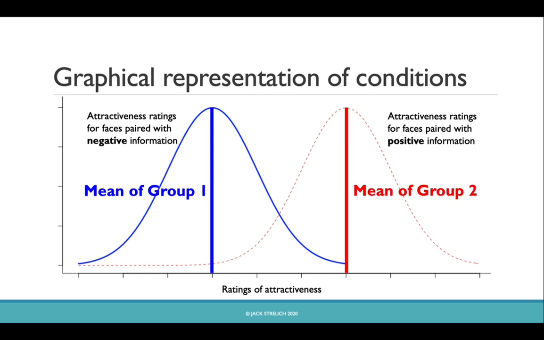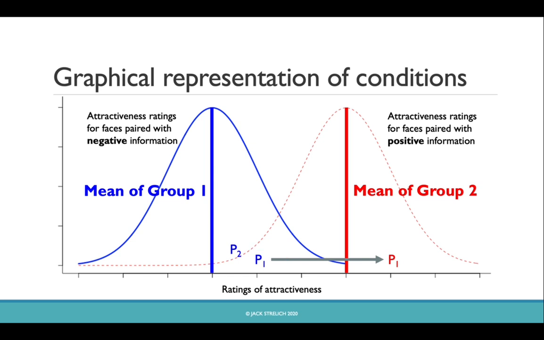But crucially, unlike an independent samples t-test, here we want to keep track of each individual's change across time. So, let's say that participant 1 gives a slightly above average rating of attractiveness for the face paired with negative information. We then want to see how they rate the face paired with positive information. And here we see that they rate the face paired with positive information much higher.